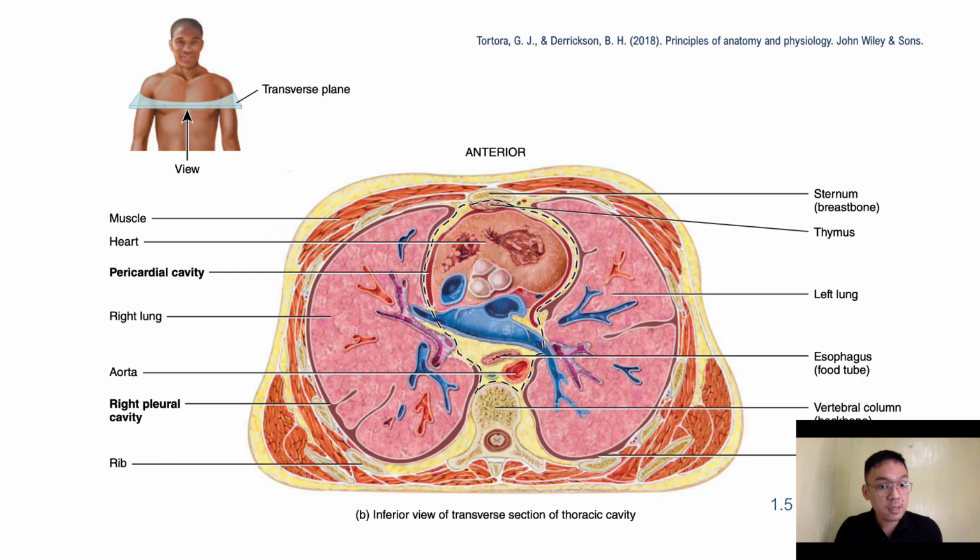You have the muscles, your heart, your right lung, the left lung, your esophagus, your aorta, right pleural cavity, and your rib. Also with your vertebral backbone, your sternum, your breastbone, thymus, and many more.